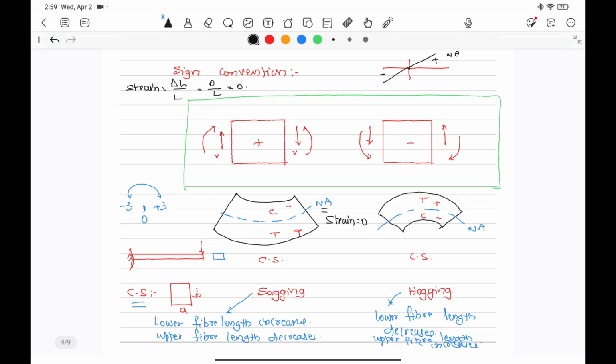That means the fibers remain neither under the influence of compression nor under the influence of tension. That axis where strain is 0 is called the neutral axis. This is the meaning. Please try to correlate everything.